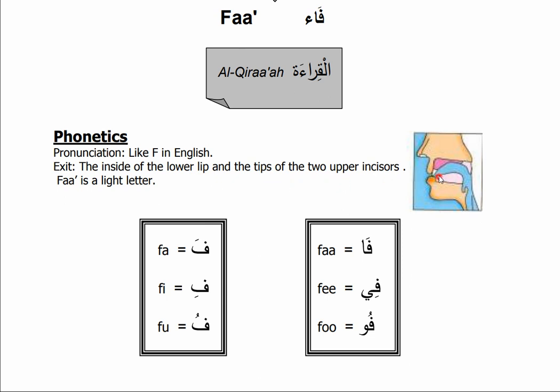Means you need to rest your upper two incisors on the lower lips, and there is a little bit of space between the two lips for the air to escape, and you need to blow from inside, fa, and you pronounce fa. You can feel the air escaping between your teeth. So that's how you pronounce fa, and it's a light letter.